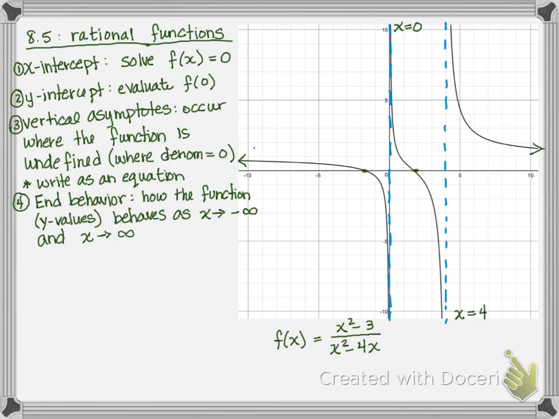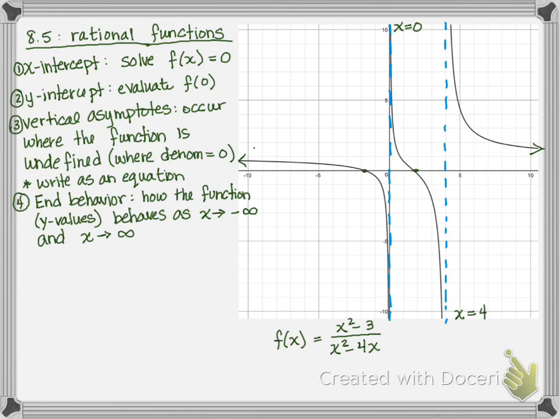This is notation that you'll see quite a bit, especially when you take calculus, that idea that your x or your y value is approaching something. When we do that little arrow, we're just saying that x is getting really, really negative or x is getting really, really positive. So humongous numbers.